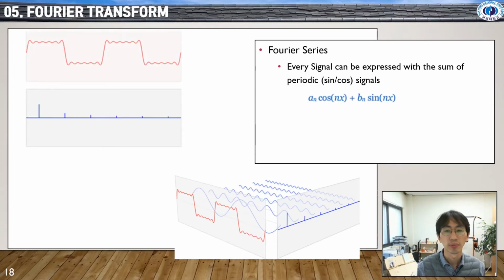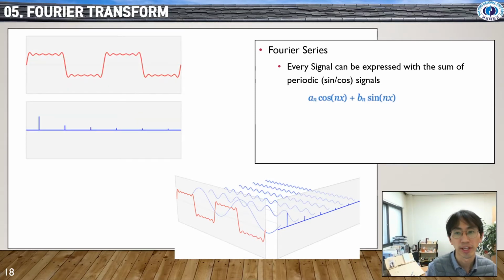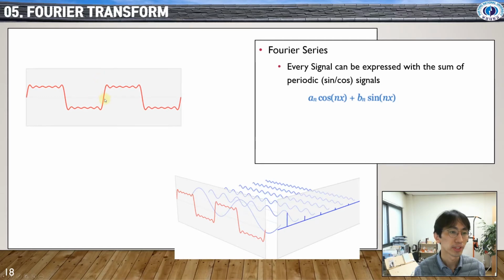This is what we call the Fourier series. As you see here, there is a mixed and pretty complex signal, and this signal can be expressed as the sum of lots of other signals, cosines and sines.